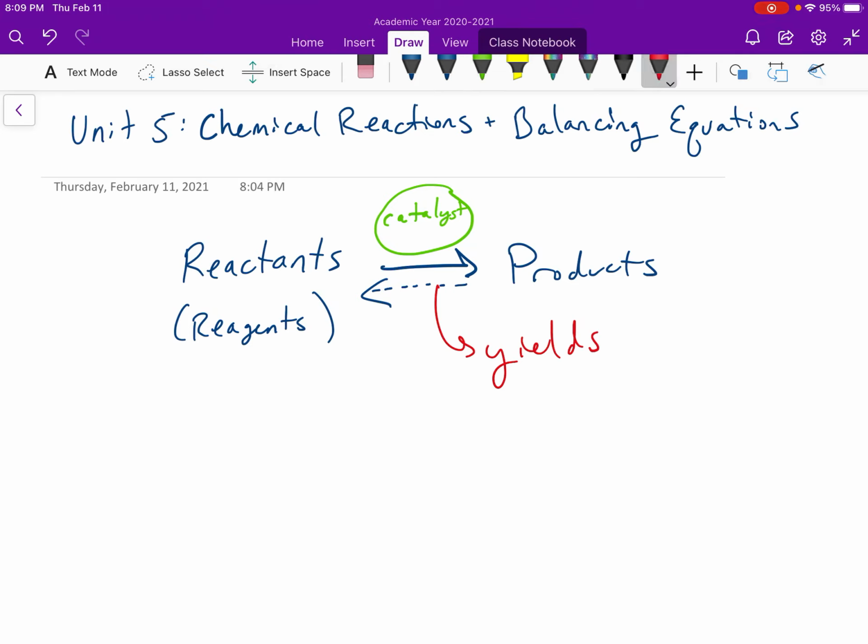The other thing you might see are states of matter, right? So solid, liquid, gas, and the other option is aq, aqueous, dissolved in water. In other words, it's a solution, not a pure substance, okay?